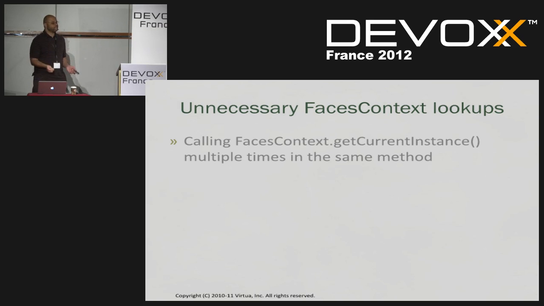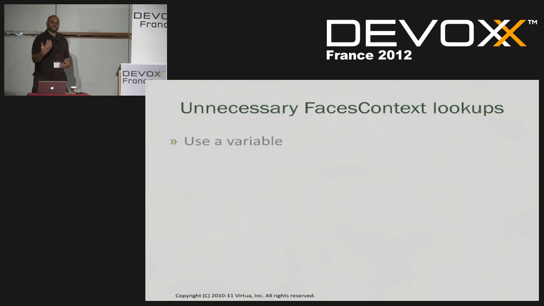So you'll find if you look inside of any JSF implementation, whether it's MyFaces or Mojarra, they actually go through some effort to not call FacesContext.getCurrentInstance all the time. So in your own code, you want to be careful about calling it repeatedly. If you have a method and you need to work with the FacesContext, just store it in a variable.